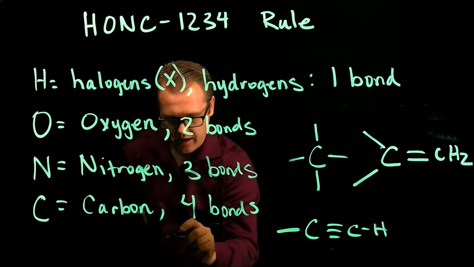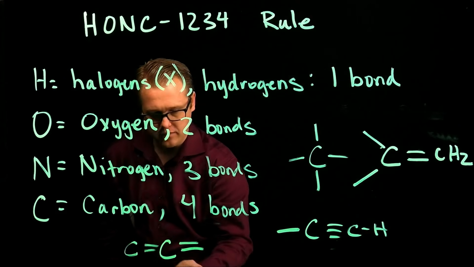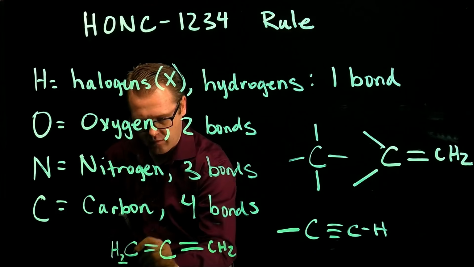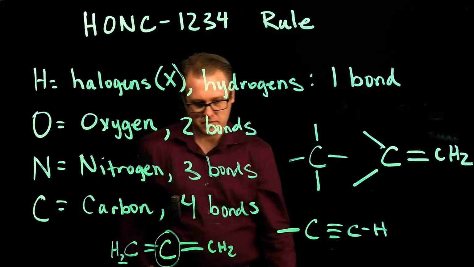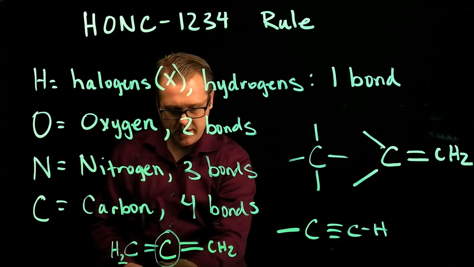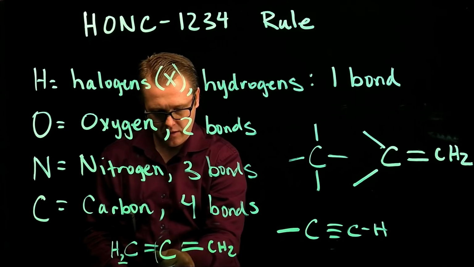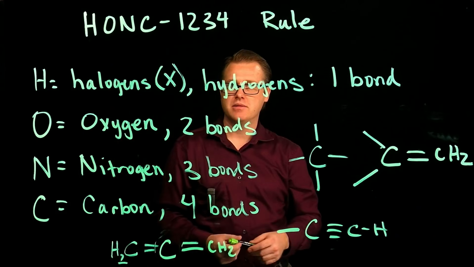What if we had a carbon that looked like this? I'm looking at this carbon in the center. How many bonds does that carbon have? Carbon has 1, 2, 3, 4. Does it have any lone pairs?